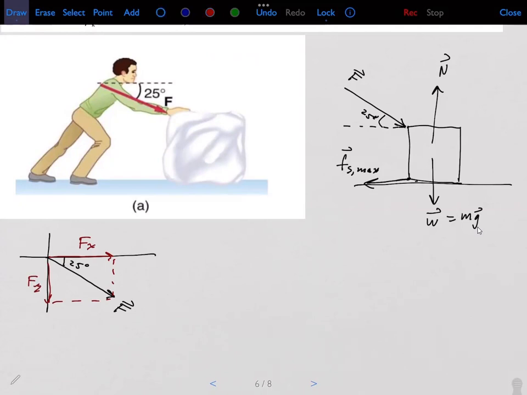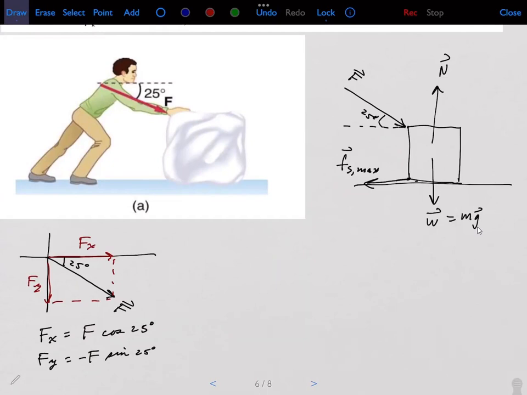Using that triangle, the x component will be F times cosine of 25 degrees. And then the y component will be F times sine, but it's negative, right, because it's pointing downward. So it's negative F times sine of 25.